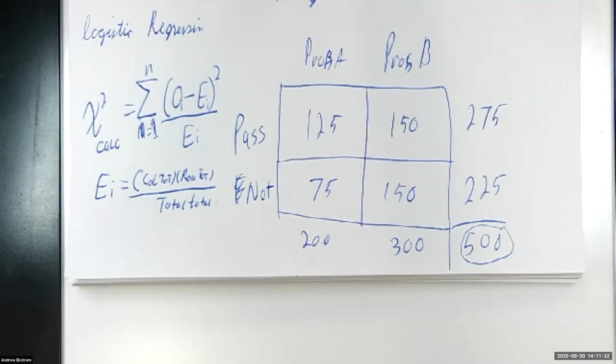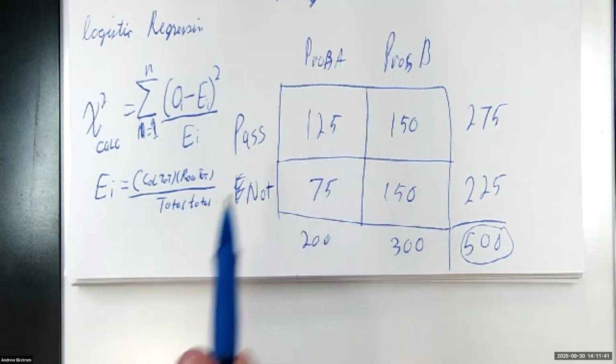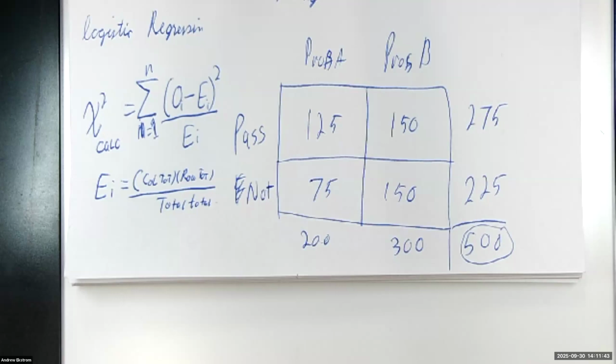So we can calculate all these values, and then we compare what is our expected value versus what we actually saw. And then we try to calculate, is there actually a difference? Did we get something different than what we expected? And again, this formula is for when you have no idea what's going on.